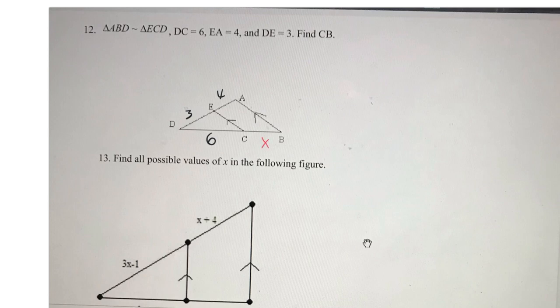So the reality is that these are parallel lines, which means we could set up awesome proportions. For example, we could say 3 over 4 is equal to 6 over x, okay? And that's what we're going to do. Cross multiplying gives us 3x equals 24. Divided by 3 gives us x equals 8. And therefore CB is equal to 8.